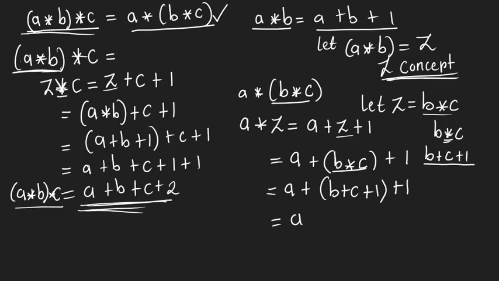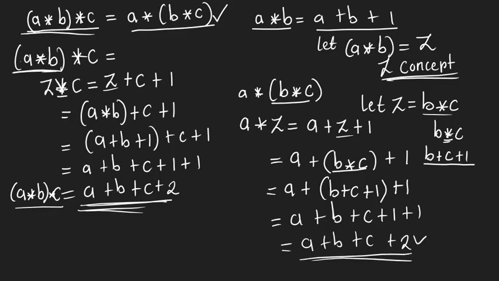Don't get confused. This is what you do in binary operations. And your final answer becomes A plus B plus C plus 2. Notice that what is here and what is here are the same.